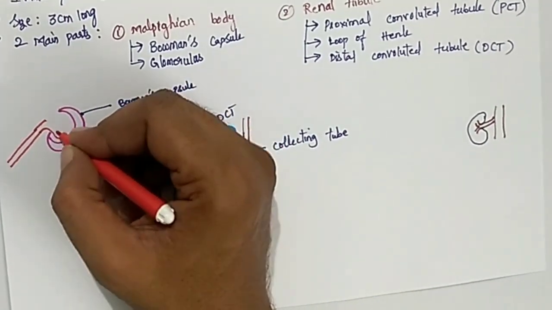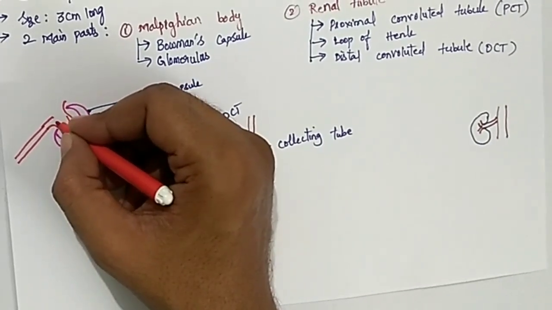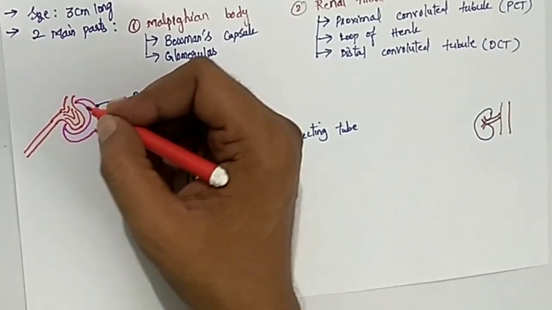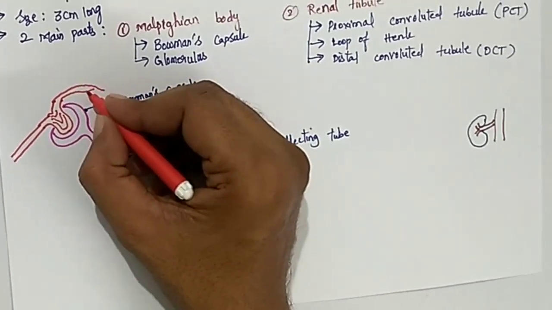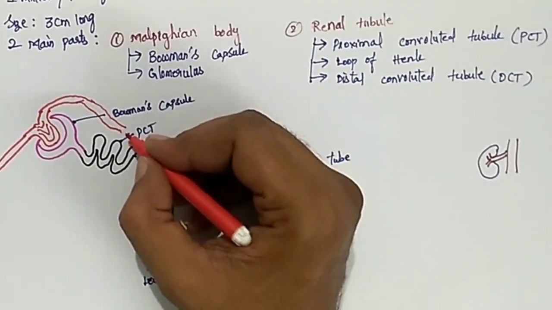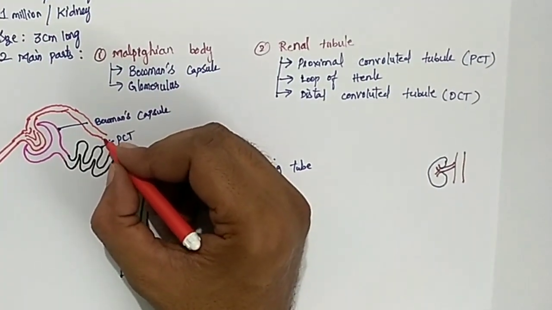After entering into Bowman's capsule, they are divided into many capillaries. Then all these capillaries are again joined to form the efferent arteriole. This efferent arteriole again divides into branches and capillary structures are present.